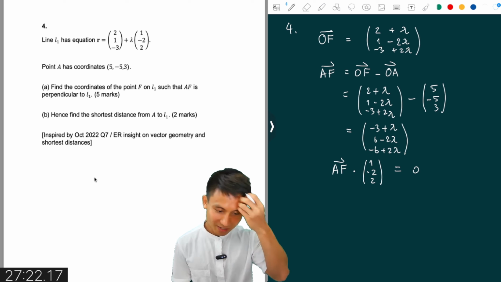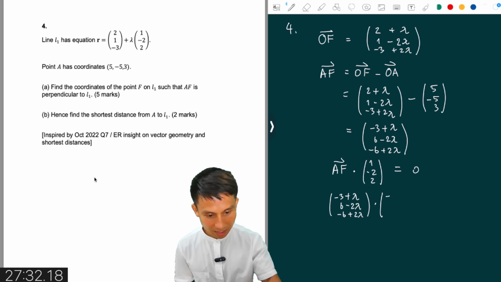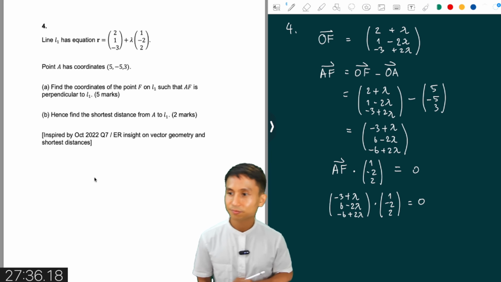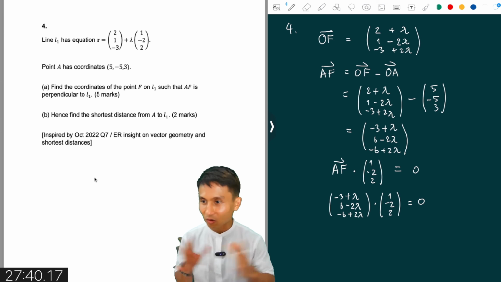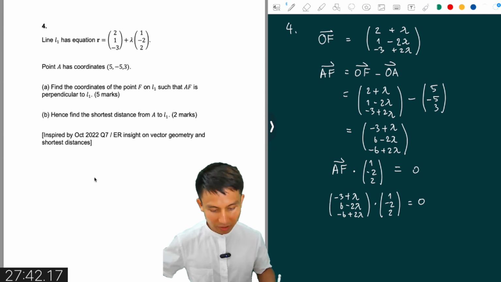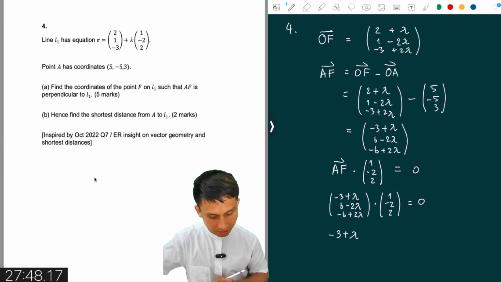Alright? So, of course, it's minus 3 plus lambda, 6 minus 2 lambda, minus 6 plus 2 lambda. Dot product with that again equals 0. And of course, dot product is just multiply correspondingly for each component. So it's just minus 3 plus lambda times 1, so that's minus 3 plus lambda.